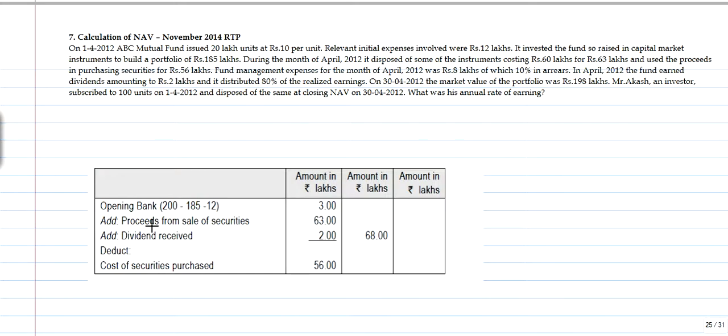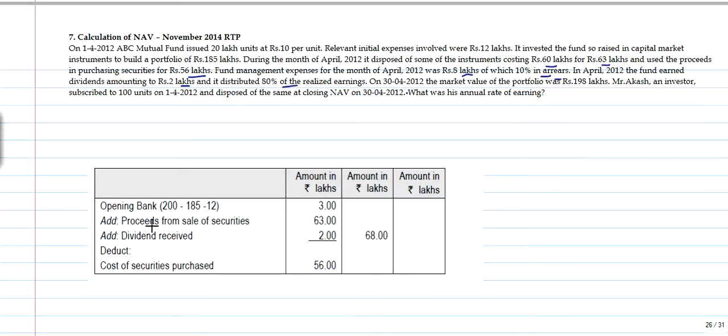During the month of April 2012, it disposed of some of the instruments costing 60 lakhs for 63 lakhs. So there is a capital gain, and used the proceeds in purchasing securities worth 56 lakhs. Fund management expense for the month of April 2012 was 8 lakhs, 10% arrear. In April 2012, the fund earned dividends amounting to rupees 2 lakh, again income, and distributed 80% of the realized income earnings.